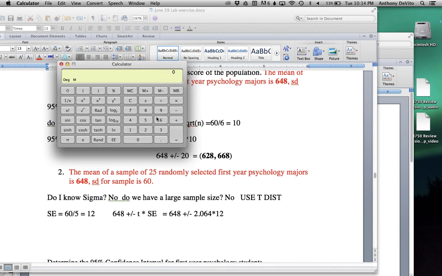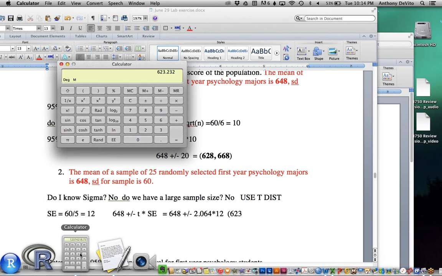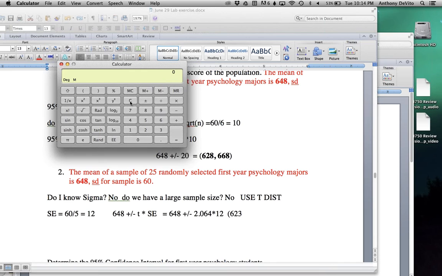Then I'm going to say 648 minus that value, which is 623. And I'm going to go back and get it again, except this time it's going to be 648 plus 24.76, which is 672.